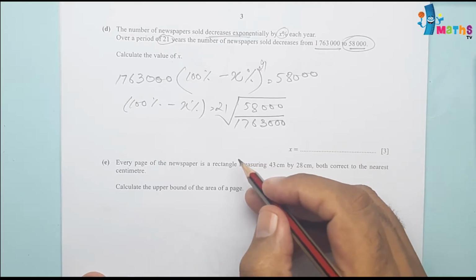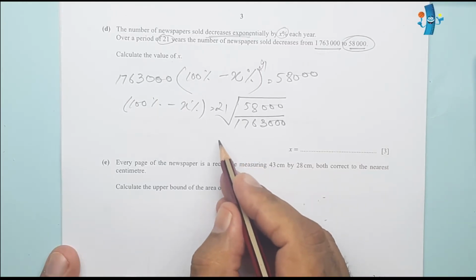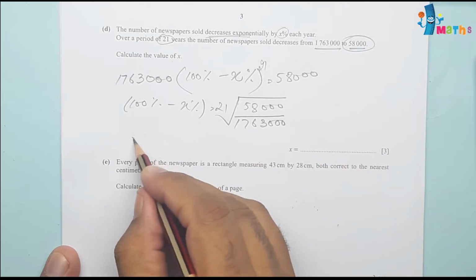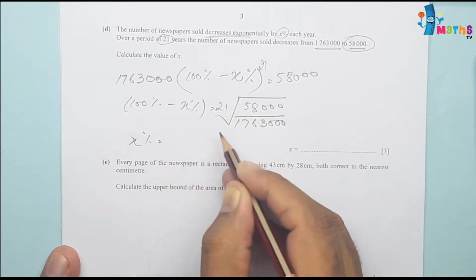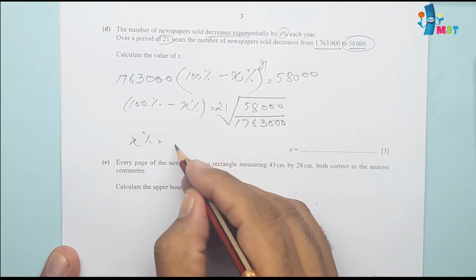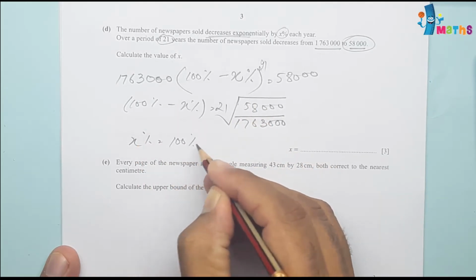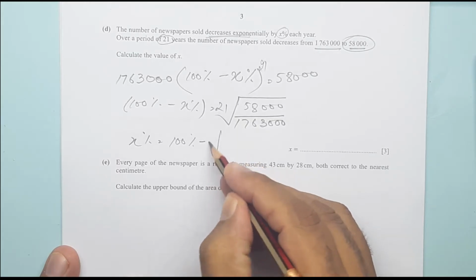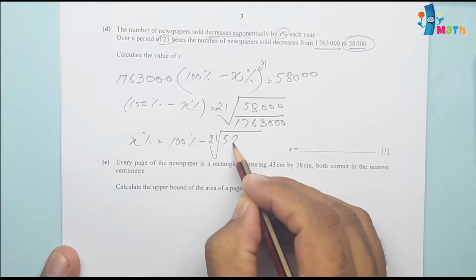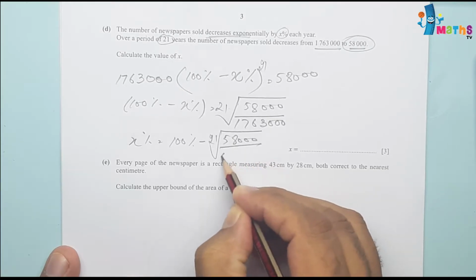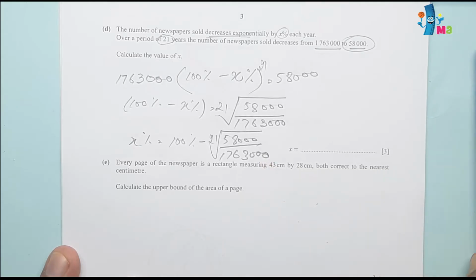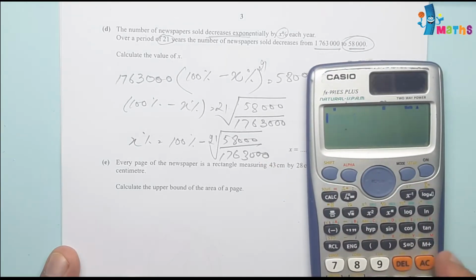Now we can shift this to the other side. So X% will be equal to 100% minus the 21st root of 58000 divided by 1763000. We can use a calculator to simplify this.